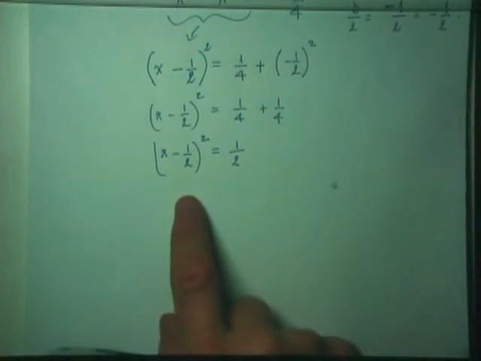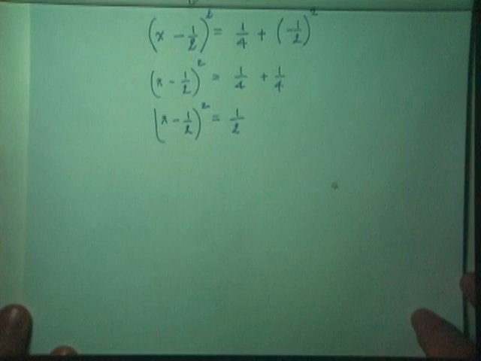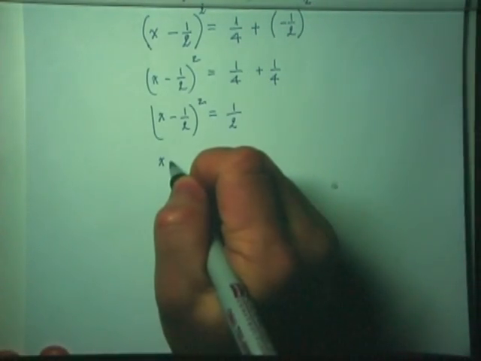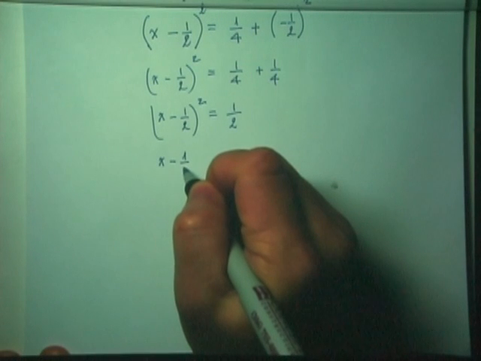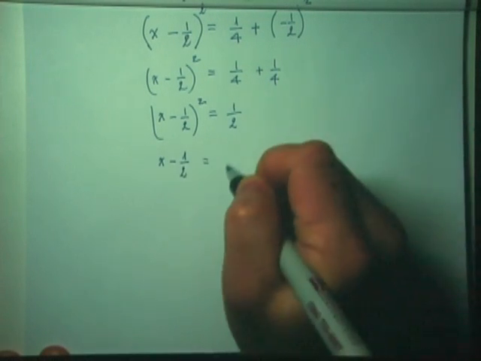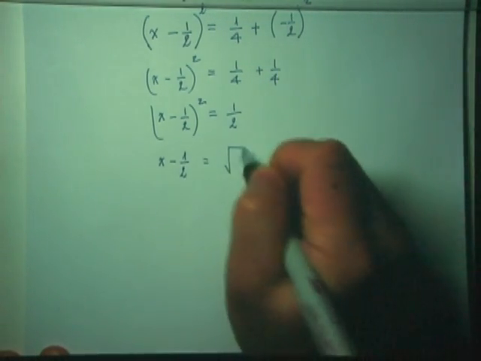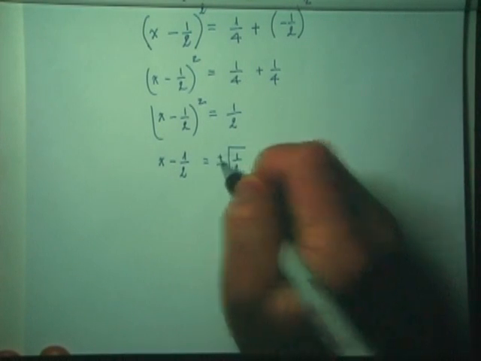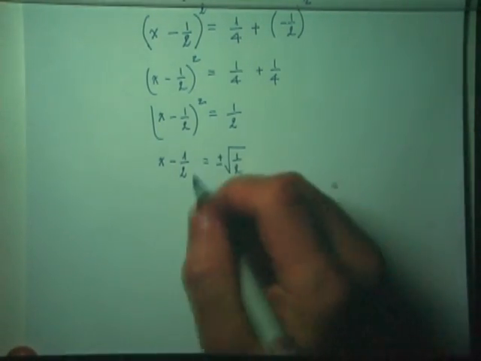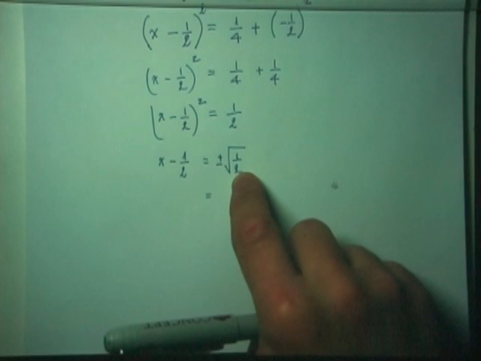And so, at this point, I am now ready to use the square root property. Square root property is saying that I can just simply remove the square on the left-hand side, and then on the right-hand side, I'm doing square root of 1/2 with a plus and minus. And at this point, keep in mind, I have an irreducible square root in the denominator, so I need to rationalize my denominator once again.